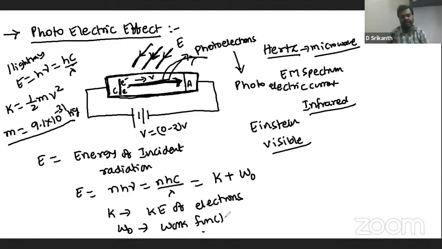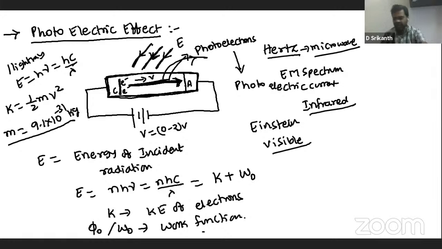Work function is defined as the minimum work required by the metallic surface to escape the electrons from the metallic surface. This work function can also be indicated with phi naught.